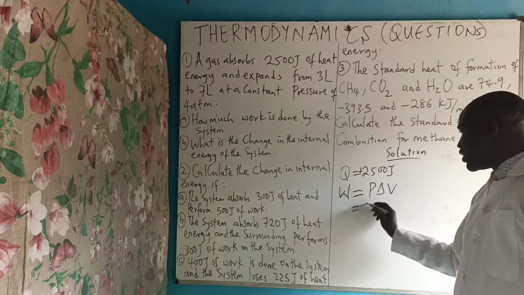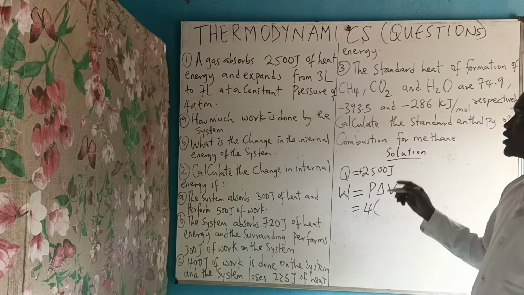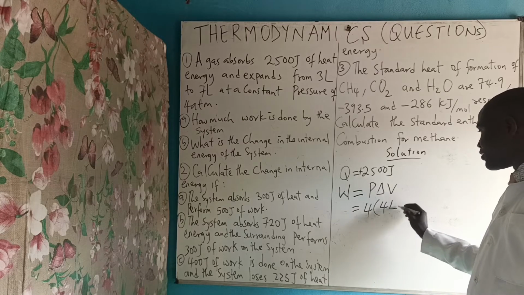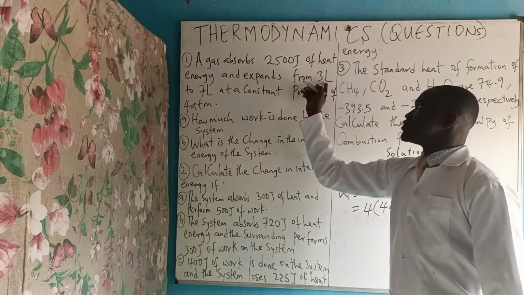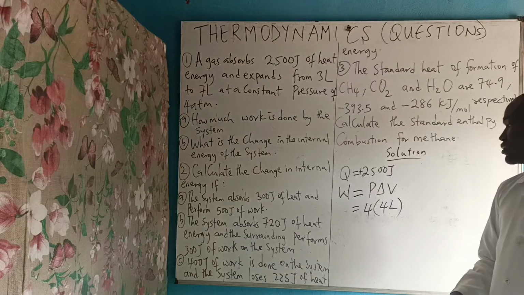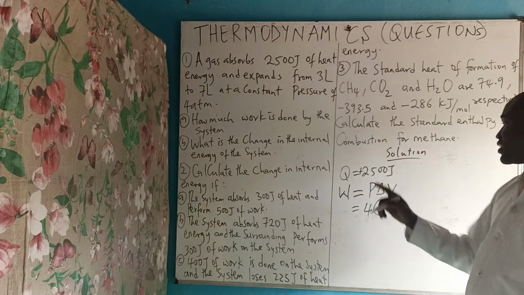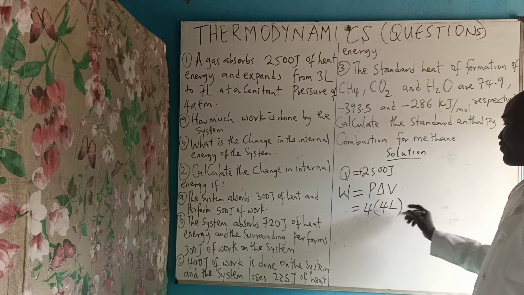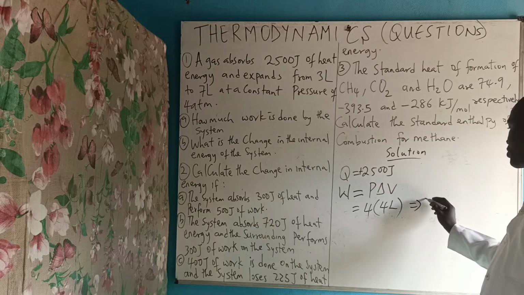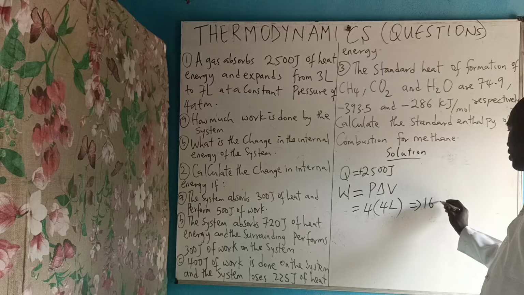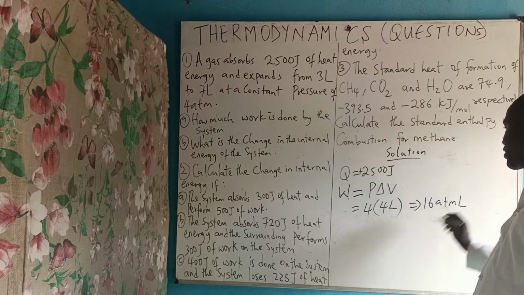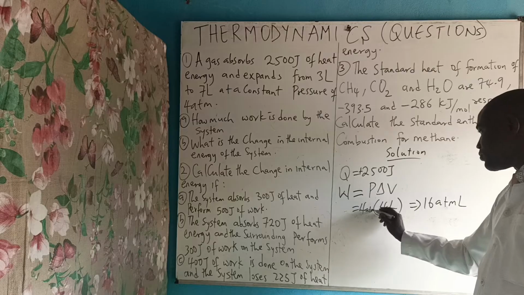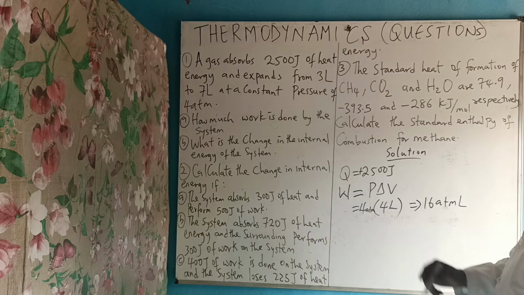Where the P is 4, the change in V is 7 liters minus 3 liters, which is 4 liters, okay? And so we have 4 atm times 4 liters, so 16 atm liter.